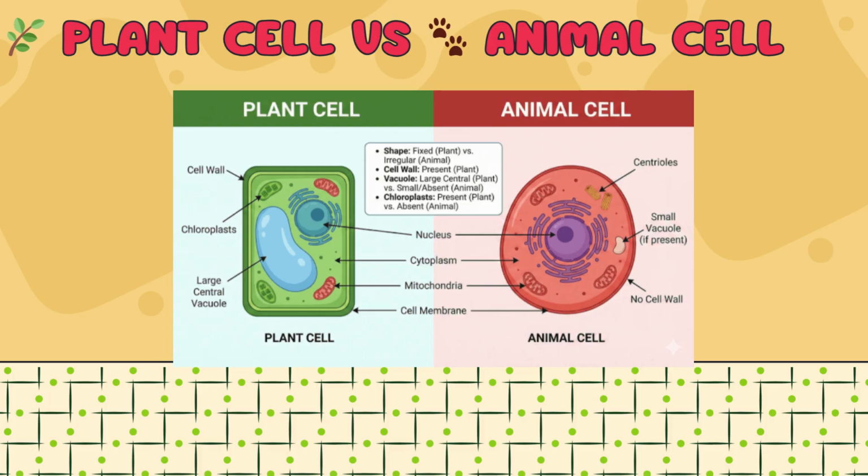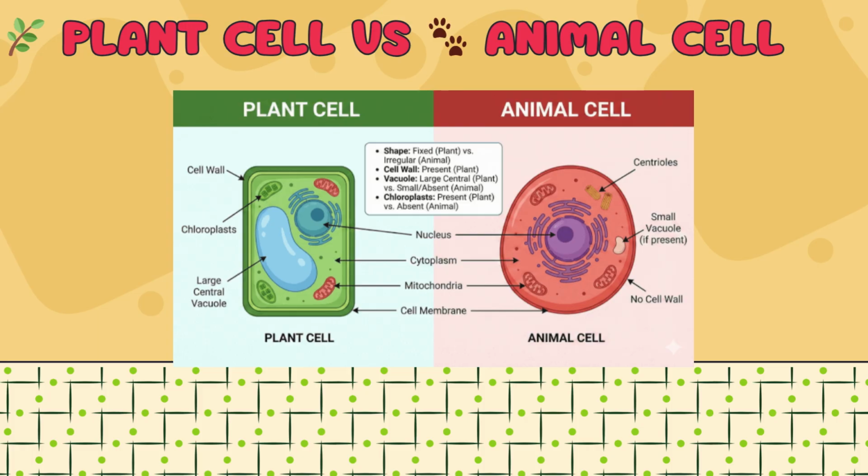Then when you look at an animal cell, how would you know it's an animal cell? There is no cell wall, and the animal cell will not have a distinctive shape. It will be irregular shaped, either round or oval or just irregular. That's how you know it doesn't have a rigid brick wall around it. That's why it has this weird shape, and it means it does not have a cell wall.